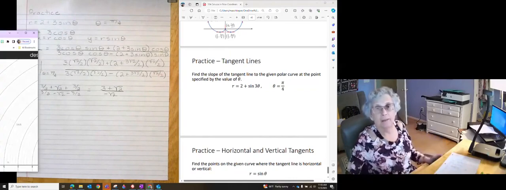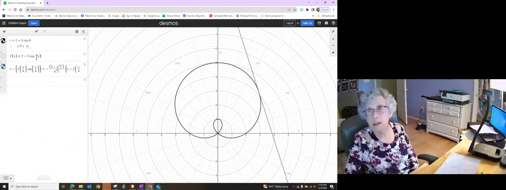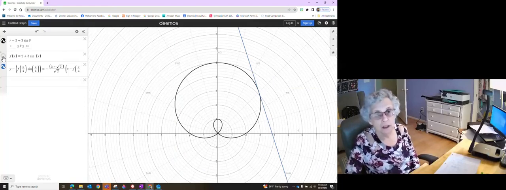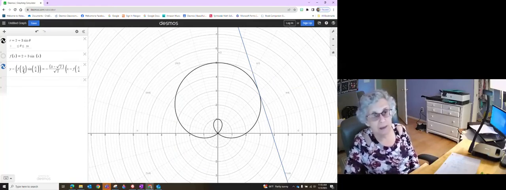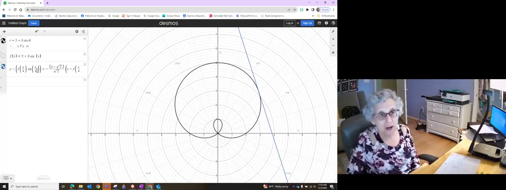And then, because I never trust myself, I went ahead and put it in Desmos. And just so I didn't have to type stuff in, I made another function for f of x so I could plug pi over 4 into my r and do sine of pi over 4.